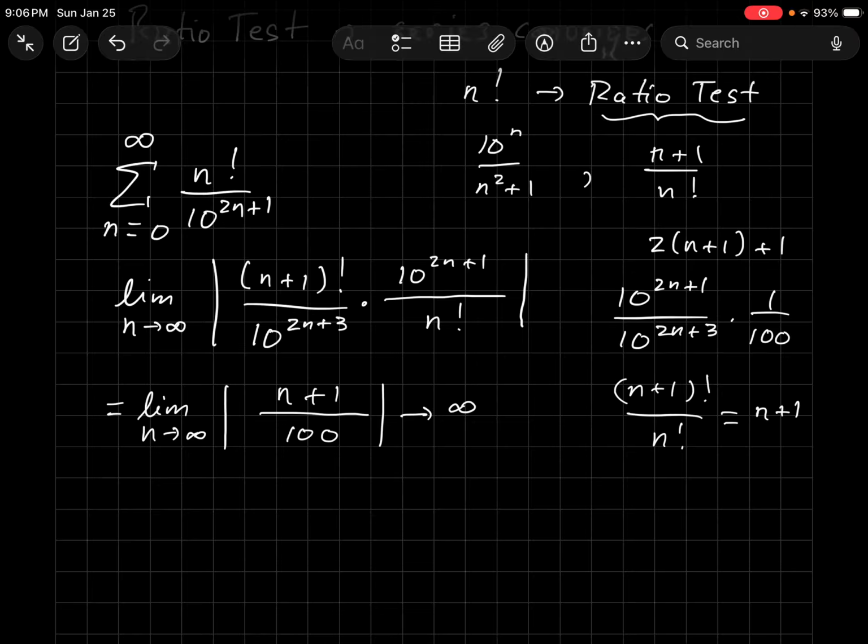So way out in infinity where it matters, the series acts like a geometric series with a ratio of infinity, which of course means by the ratio test, the series diverges because infinity is much greater than 1.